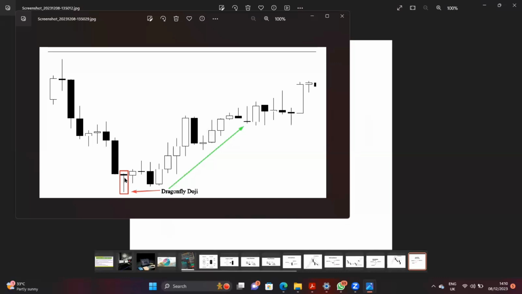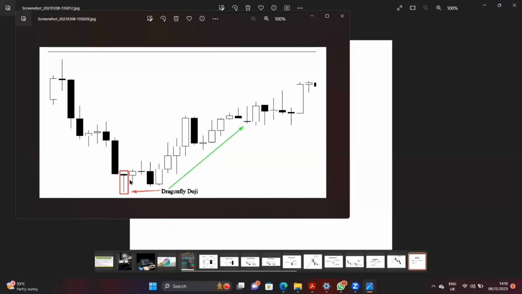The formation of the dragonfly with the long lower tail shows us that there is high buying pressure in the area. So whenever a dragonfly is formed, it shows that below here there is high buying pressure. And once buyers are in charge, what happens? Automatically, price starts going up.